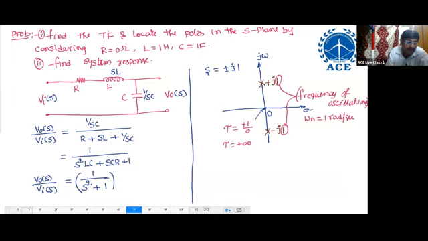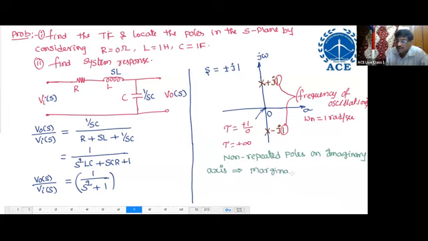One more thing to remember: non-repeated poles on the imaginary axis, the j omega axis, make the system marginally stable.